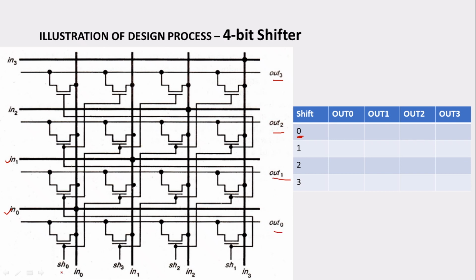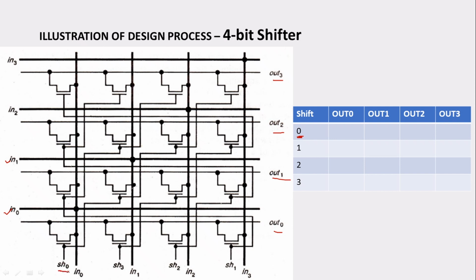Whenever I apply shift 0, this particular transistor is on. I'll be using different colors for different shift operations, so that you can come to know which transistors are on.